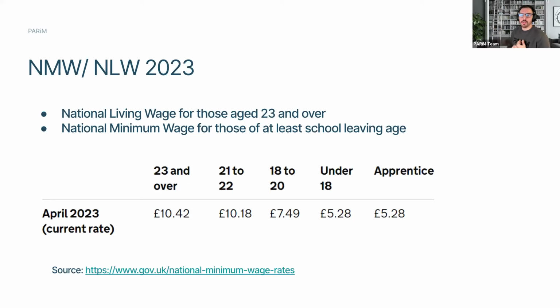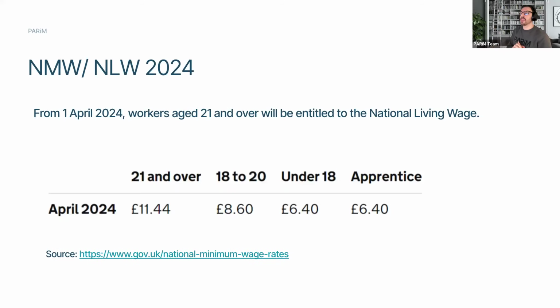And then the 23 and over category of 1042 gets moved up to the amount that we're seeing here, 1144, 860, 460, and then the apprentice one being 640.